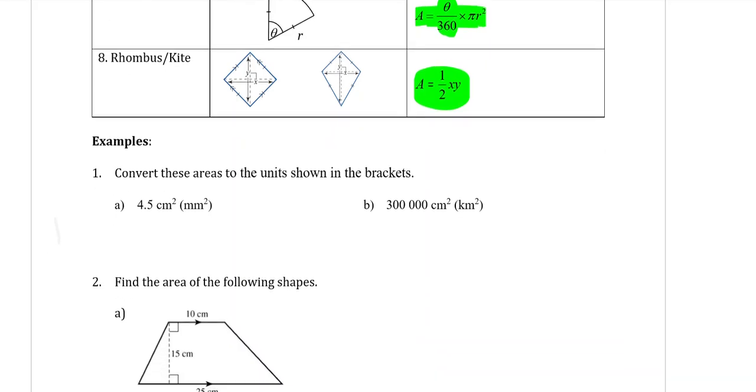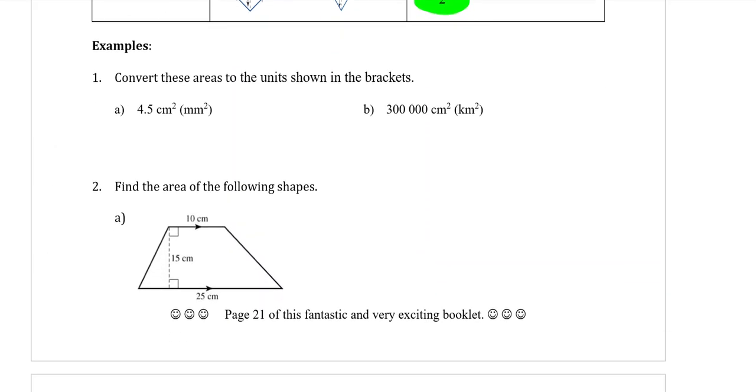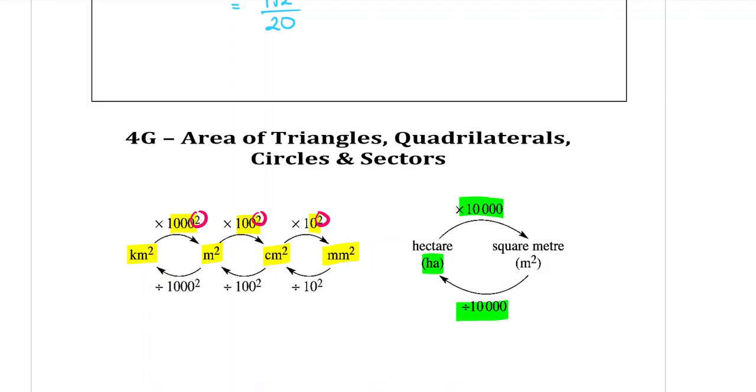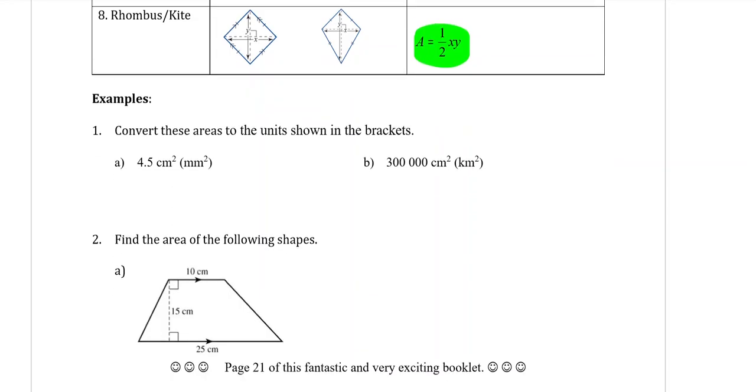Okay, so question time. Question number 1. Convert these areas to the units shown in the brackets. So first of all, we want to go 4.5 centimetres squared, and we want to change that to millimetres squared. If you look at our conversion chart, centimetres squared is here, and we want to go to millimetres squared, so following the arrow means we want to times by 10 squared.